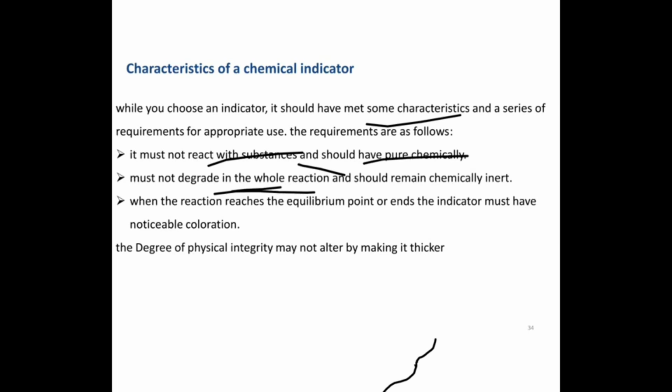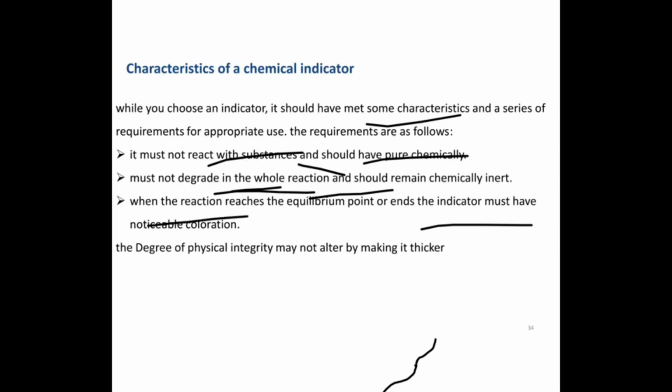As the reaction proceeds, the indicator should not degrade. That is one more characteristic. And when the reaction reaches the equilibrium point, at the end the indicator must have noticeable colorization.